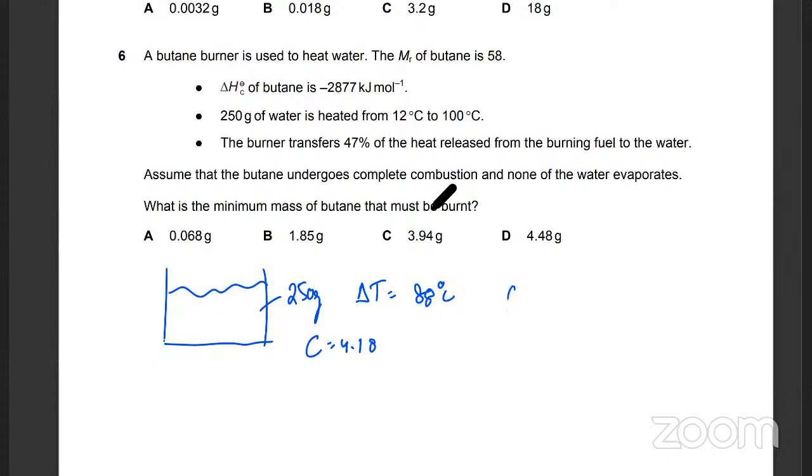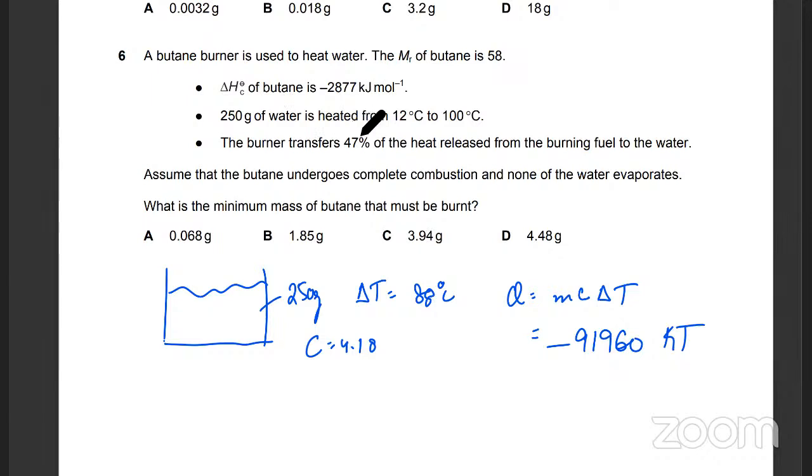What do we get? Q is equal to MC delta T. 91,960. Yes. And it's going to be negative because the temperature is rising. That's the amount of energy that is produced. So anyways, this is the amount of energy required to do all of this.